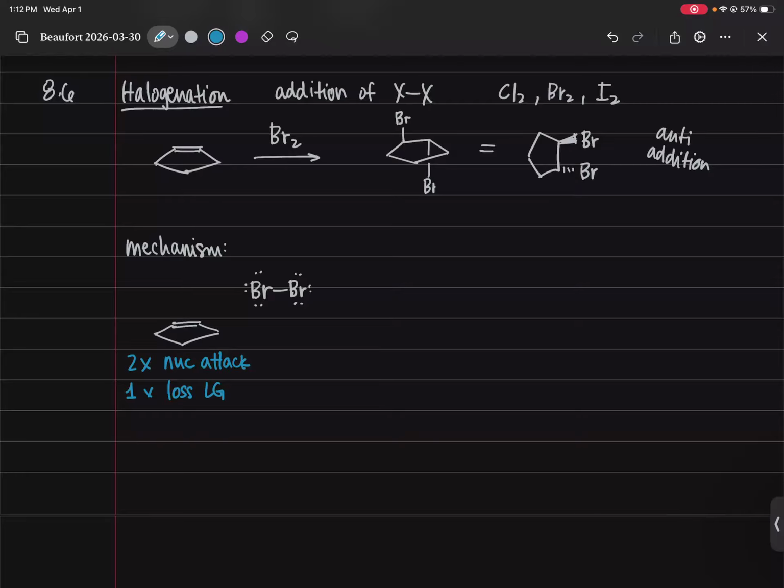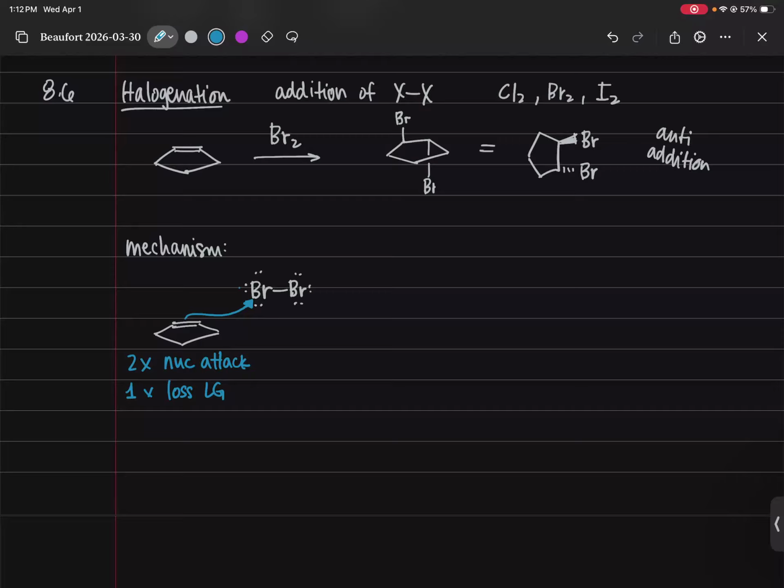So the first arrow is going to go from the pi bond to one of the bromine atoms. Which type is that? Yeah, it's nucleophilic attack.